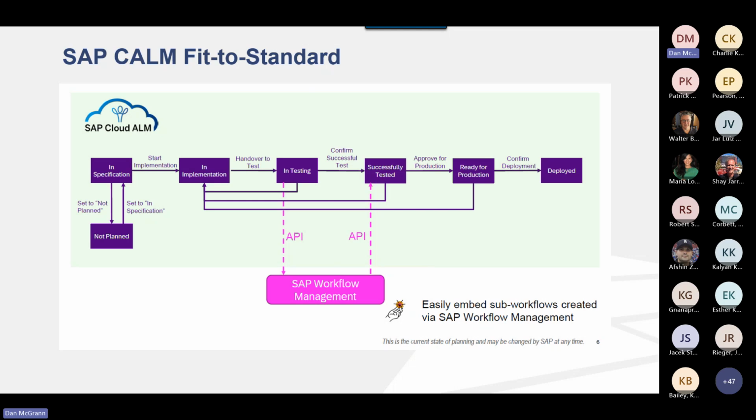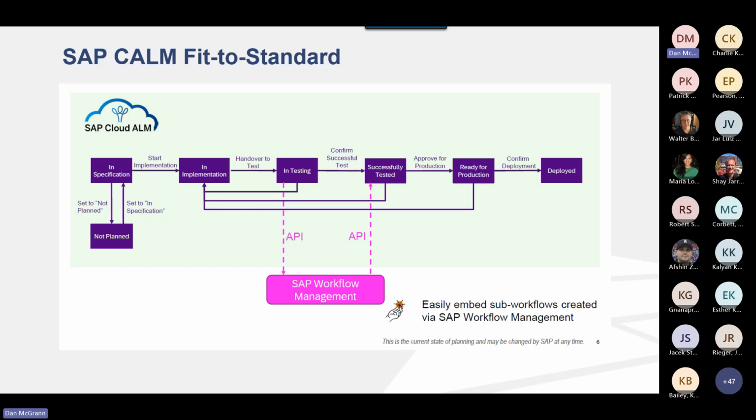The lighter purple pinkish box towards the middle bottom is showing SAP's plans to enable customers to extend this fit-to-standard workflows with other BTP services, maybe customize it in some cases, but that's still in development per the note here from this SAP slide. And of course, additional costs, additional development, additional support would be required to do so.